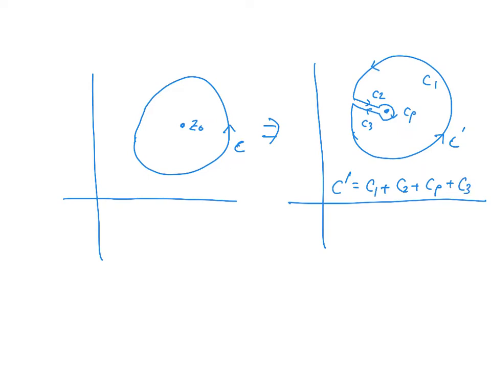And C rho is actually in the clockwise direction. And in this modified contour, z naught is outside, right? So that is your z naught.